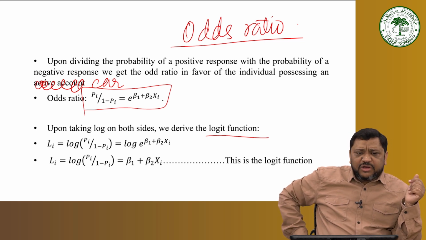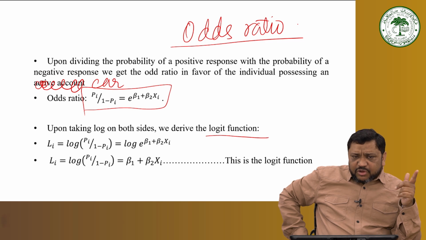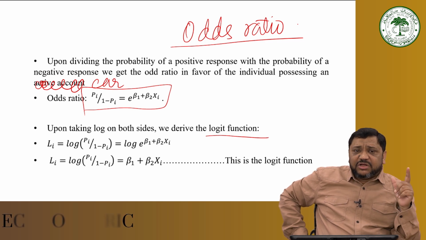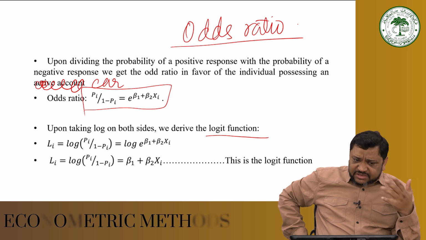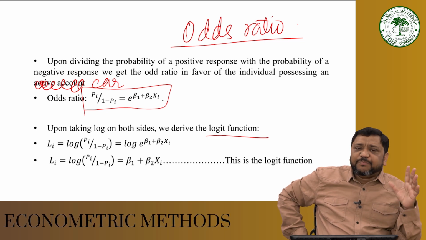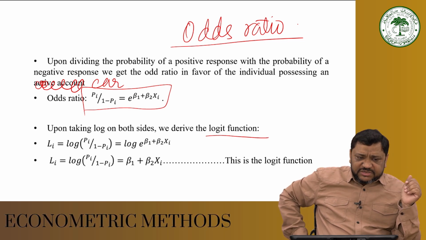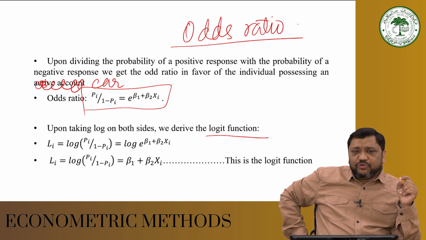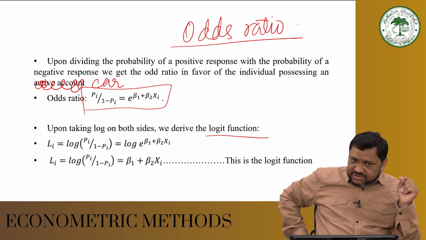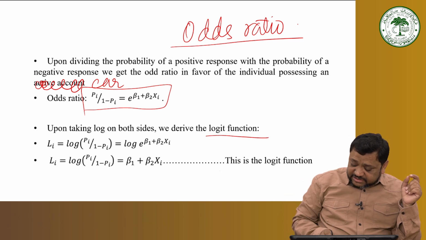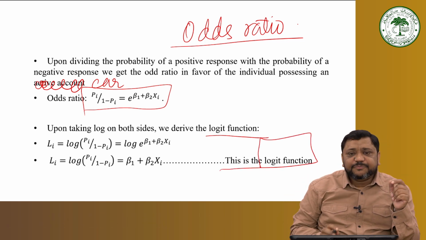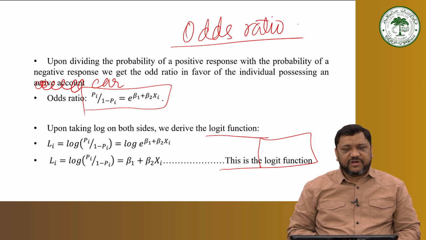So it becomes log e raised to the power beta 1 plus beta 2 xi, which we can write simply as beta 1 plus beta 2 xi. So Li is equal to log Pi divided by 1 minus Pi, which is equal to beta 1 plus beta 2 xi, and this is what you refer to as the logit function.